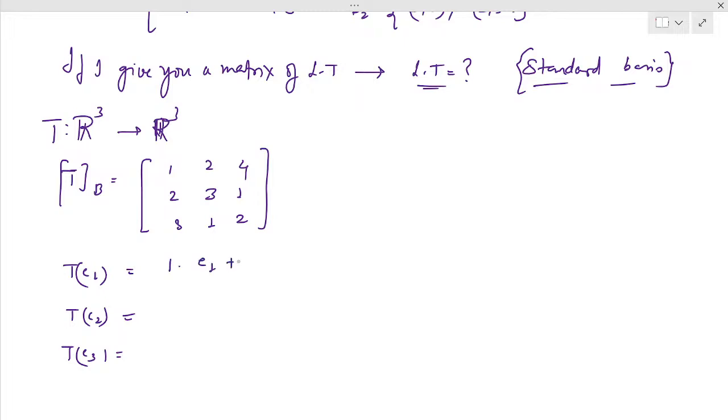It is 1 times E1 plus 2 times E2 plus 3 times E3, then 2 times E1 plus 3 times E2 plus 1 times E3, and then T of E3 as 4 times E1 plus 1 times E2 plus 2 times E3. Is that clear? I hope it is clear.